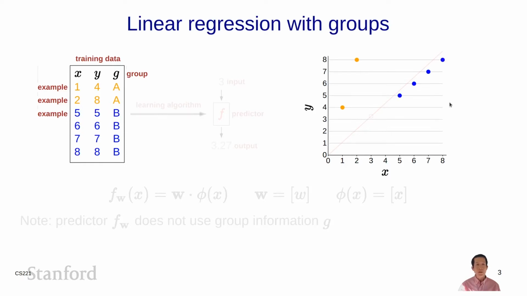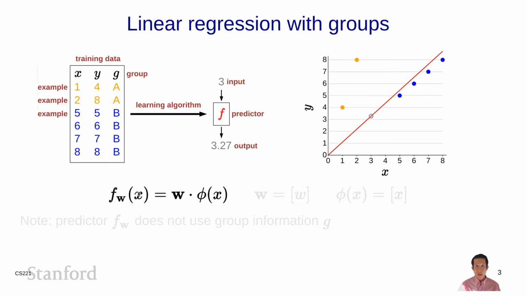Okay, so the goal of machine learning, or linear regression in particular, is to produce a predictor, such as this one. And the predictor is going to take new inputs, such as 3, and produce an output, such as 3.27. So in linear regression, we assume that the predictor has the form a weight vector dot a feature vector, phi of x.